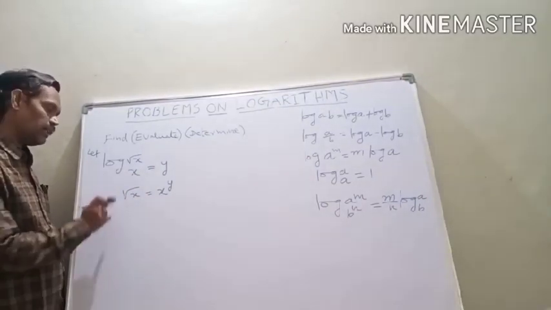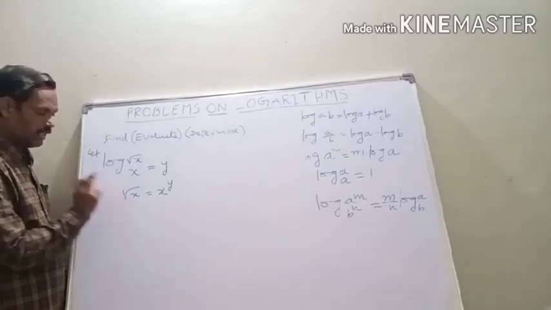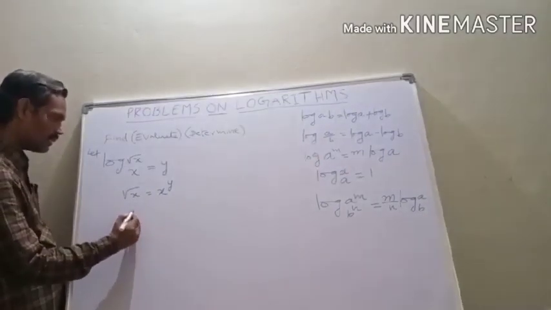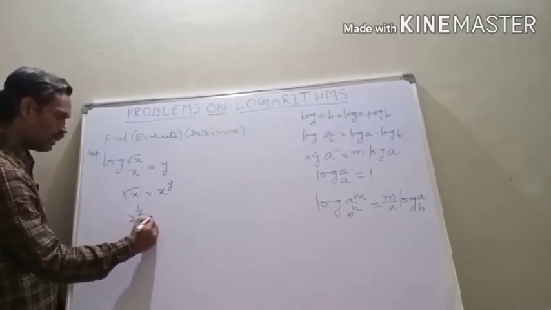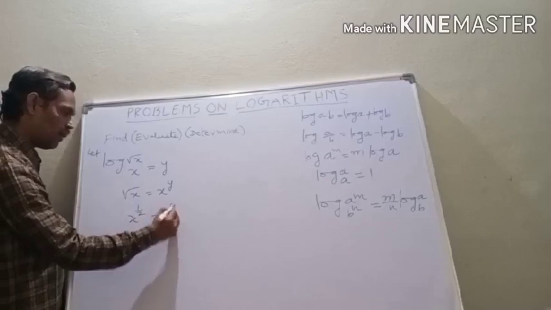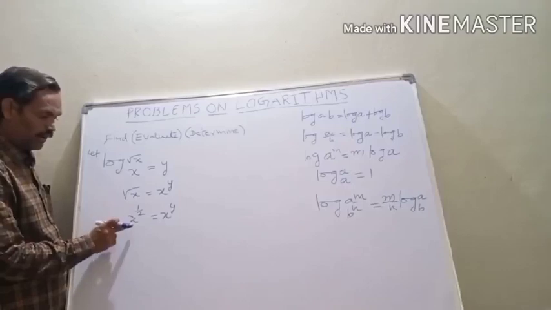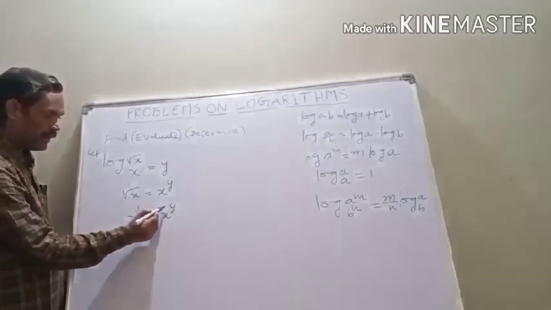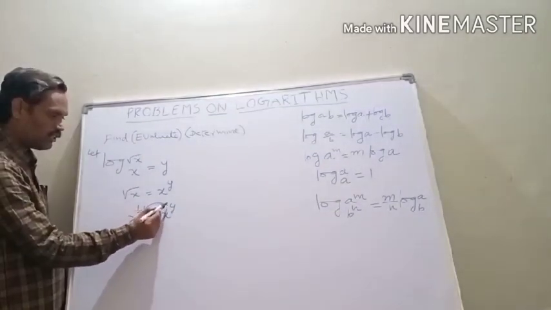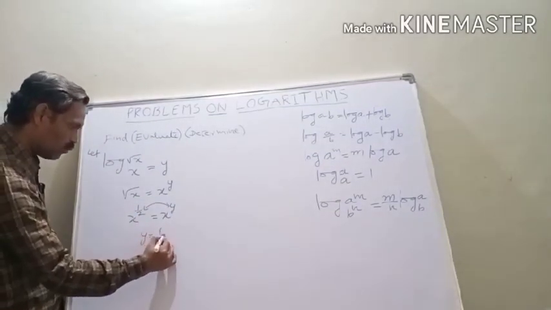As we know, every radical form has an exponent form. This radical form can be written as x to the power of 1 by 2 is equal to x to the power of y. What can you find here? Both bases are equal, so immediately both exponents should be equal. Therefore, y is equal to 1 by 2.